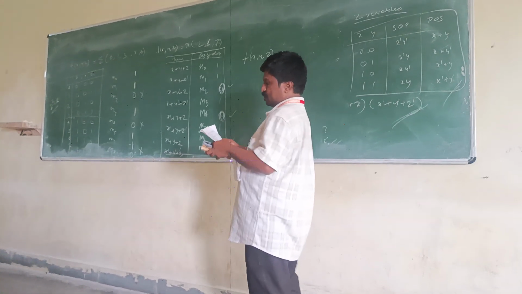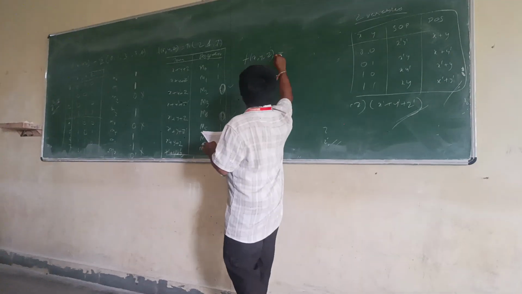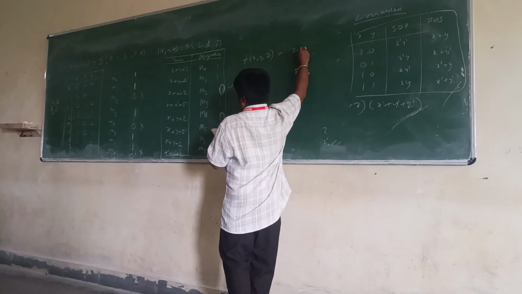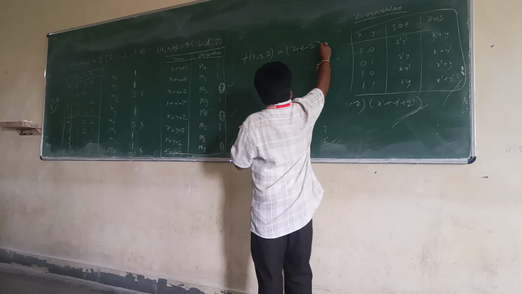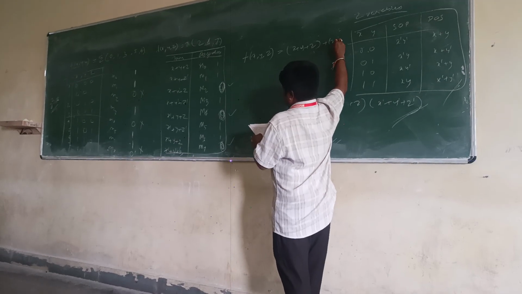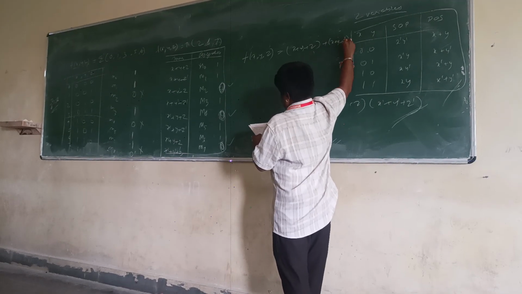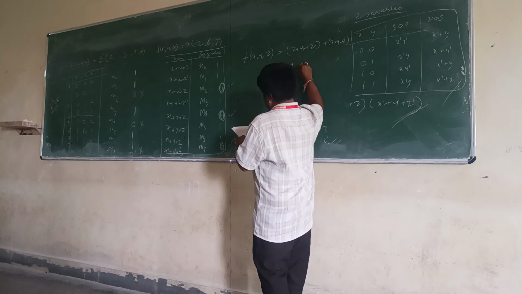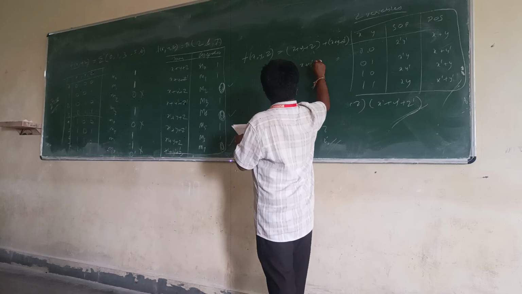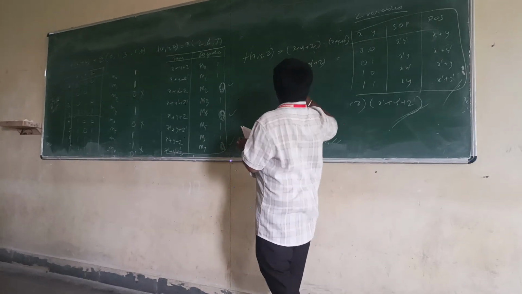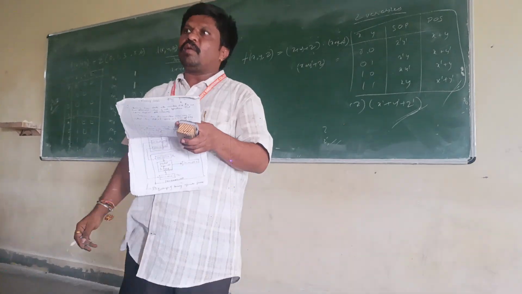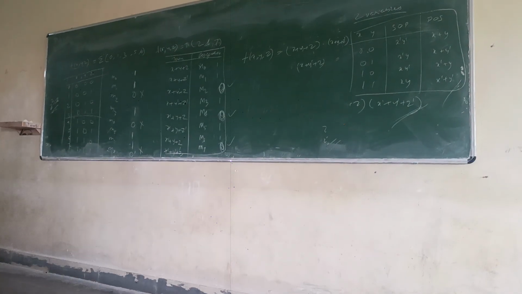Do POS to SOP. x plus y plus z, and the second term is x plus y plus z bar, and the next term is x plus y bar plus z. For the given boolean function, write the SOP form.